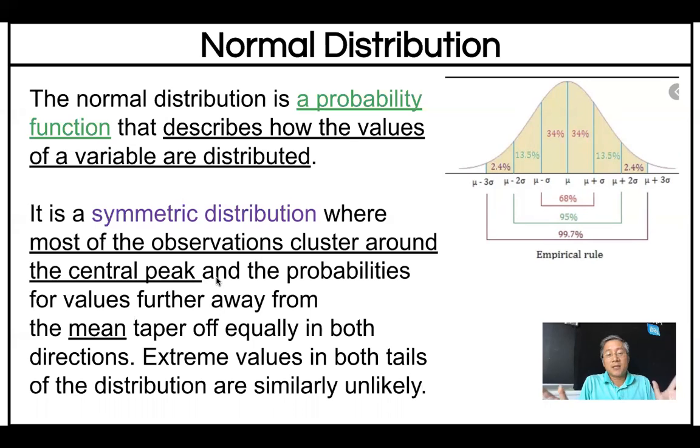So most of the data are gathered around the mean, which is in the center, and the probabilities for values further away from the mean taper off equally in both directions. In both directions it is exactly symmetrical, and extreme values in both tails of the distribution are similarly unlikely.